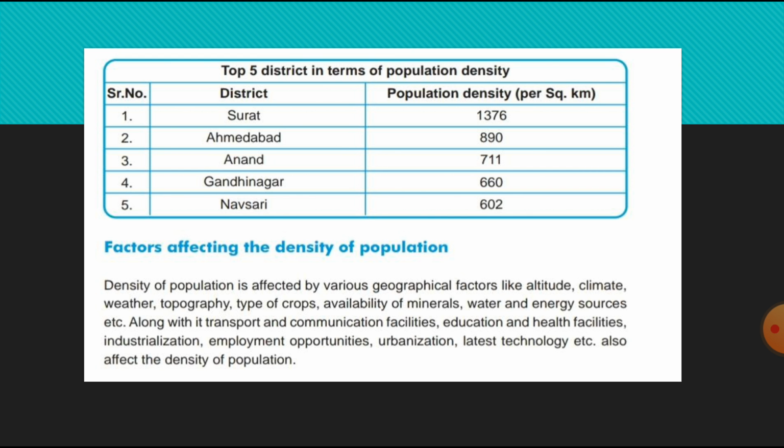And the factors that are affecting the density of population. See, density of population is affected by various geographical factors.